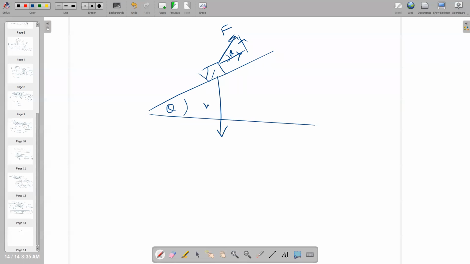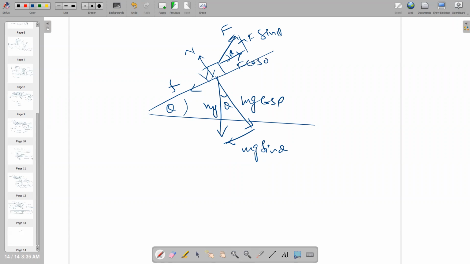And this is again mg and this is again mg cos theta. This remains the same. And this is the direction of mg sin theta. So this is frictional force because it is moving up. So this is N. This will be F sin theta. This will be F cos theta.